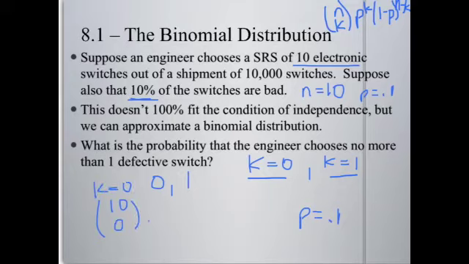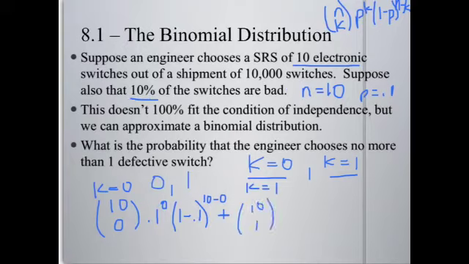The probability is 0.1 to the K power times 1 minus 0.1 to the N minus K. 10 minus 0. And then I'm going to add that to when k equals 1 and do the formula for now when k is equal to 1. So 10 choose 1, 0.1 to the first, 1 minus 0.1 to the 10 minus 1 power.